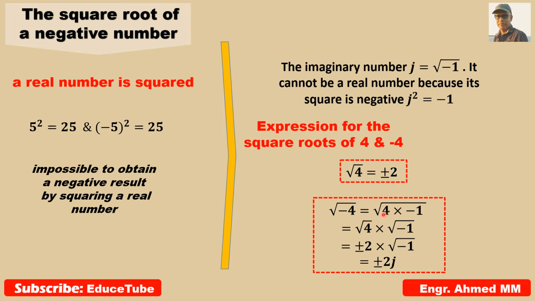Take the square root of 4 out, and this is the square root of minus 1. Now look at this: j equal to the square root of minus 1. So we write this as j. So easily we can find the expression for the square root of minus 4 equal to plus minus 2j. So let's move on to understand more of it.